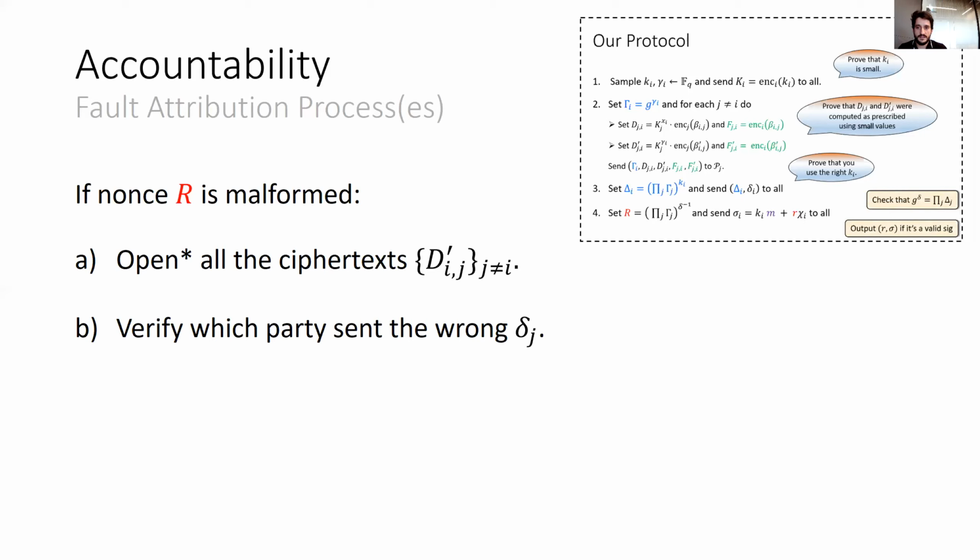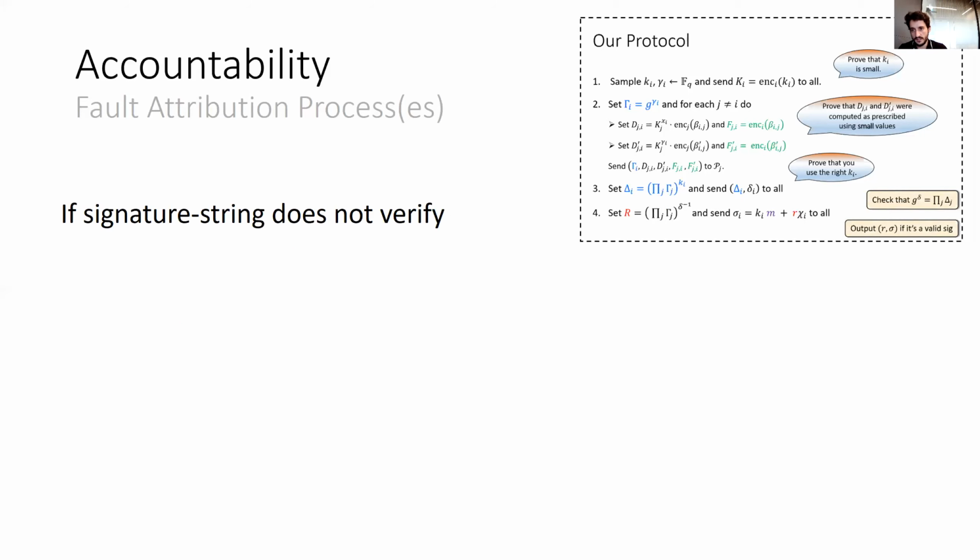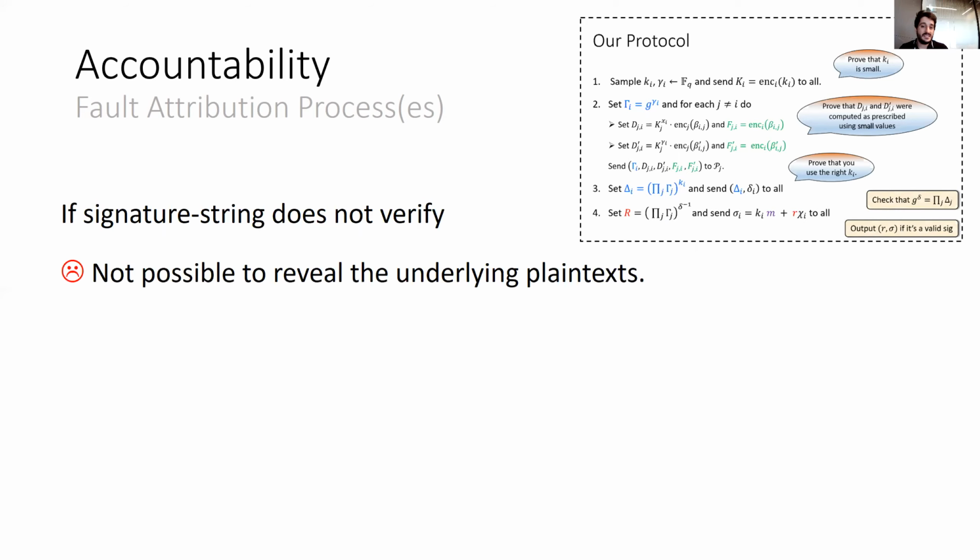The second case, when the signature string doesn't verify, is trickier because we can't really open the ciphertext corresponding to the multiplication between the K and the X because the underlying plaintexts leak the secret key.